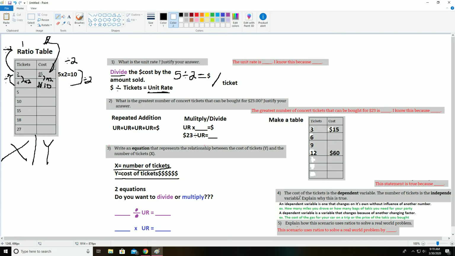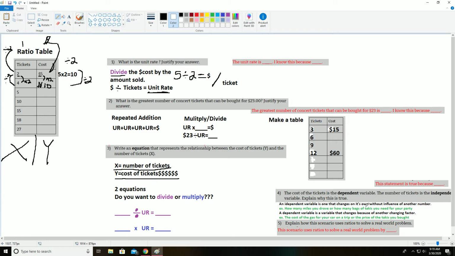I know there's a lot today on this one. It says the cost of the tickets is the dependent variable and the number of tickets is the independent variable. Explain why this is true. So I've given you an example of what an independent variable and what a dependent variable is. An independent variable is one that changes on its own without influence of another number.